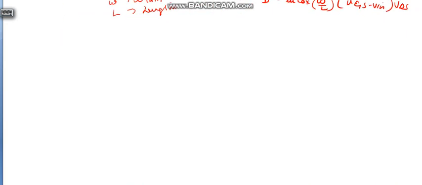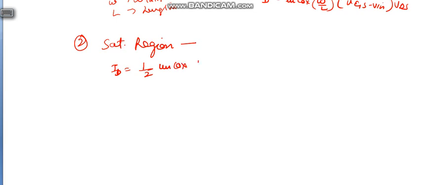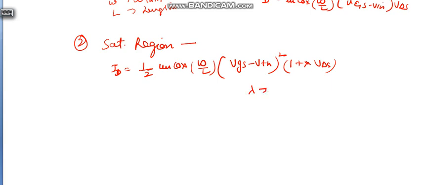Now let's see the second one, saturation region current equation. So ID equals half mu n Cox W by L (VGS minus VTH) squared (1 plus lambda VDS). Here this lambda is channel length modulation.